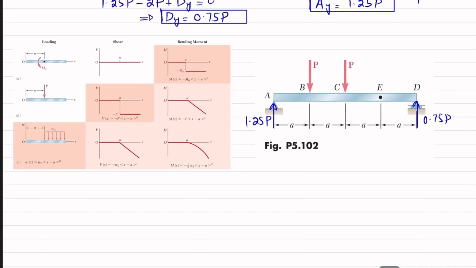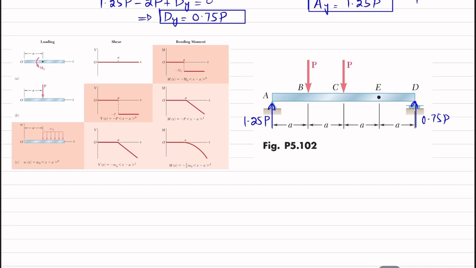So let's proceed further and we will determine the shear force equation V of X. Here you can see we will start from the left hand side and we will move toward the right hand side. Clear? And at the end we will neglect this 0.75 P because we will see that the effect of it will be 0. We will include it, and I will show you why we are neglecting it.